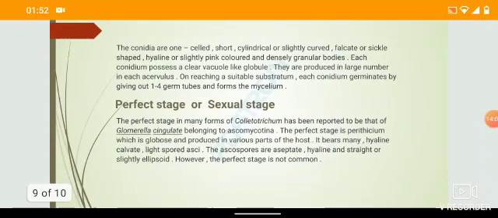As I told you earlier also, in a few forms of Colletotrichum, especially in Glomerella cingulata, the perfect stage or sexual stage was observed.